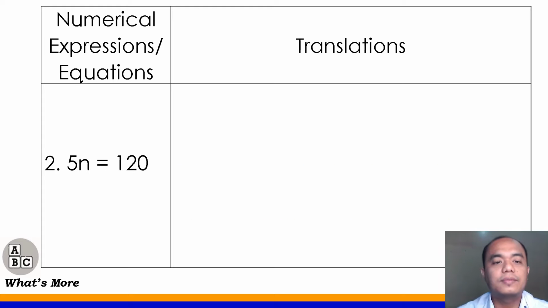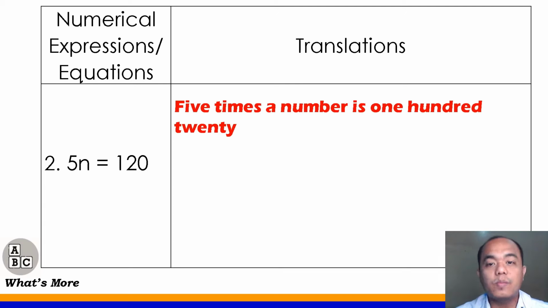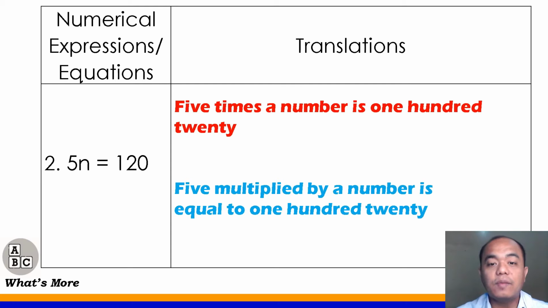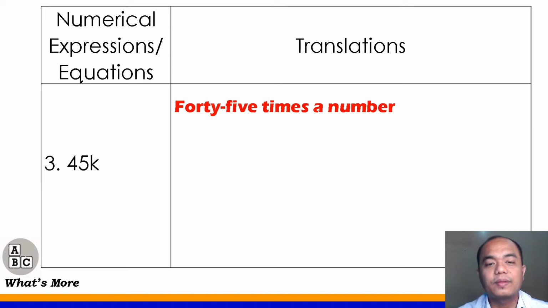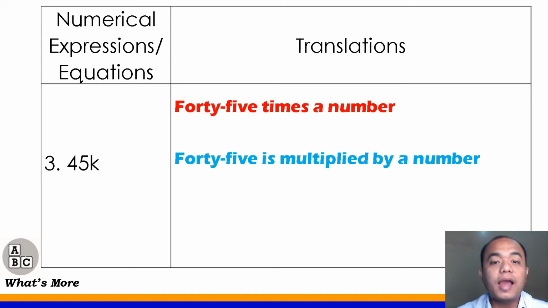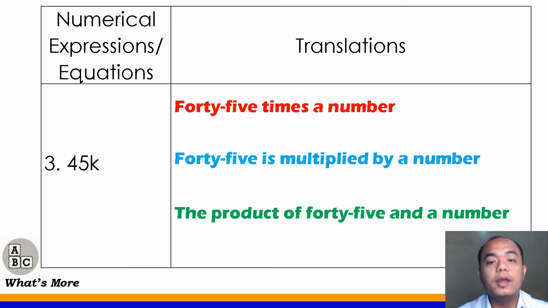Next, number 2. So that's 5 times a number is 120. Pwede rin i-translate na 5 multiplied by a number is equal to 120. Number 3, that's 45 times a number. Or pwede ring 45 is multiplied by a number. Or the product of 45 and a number.